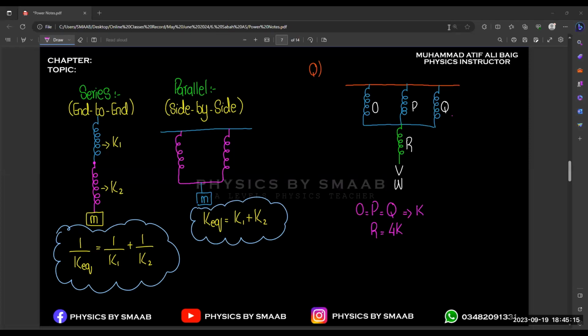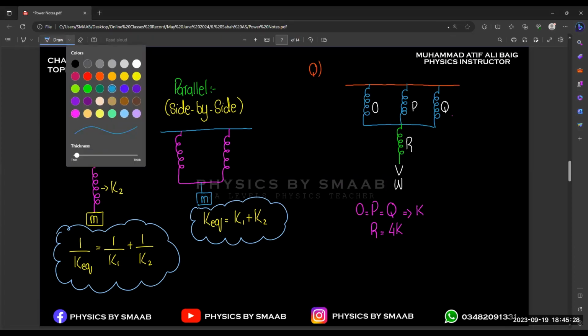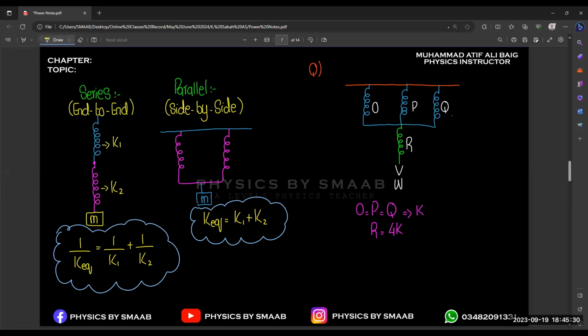So in this question, first we have to add the spring constants for O, P, Q: k plus k plus k. Like in electricity, when you have resistances, you find the parallel first and then add it to the total. All these three are connected in parallel combination, so that will be equal to k plus k plus k, that is 3k.